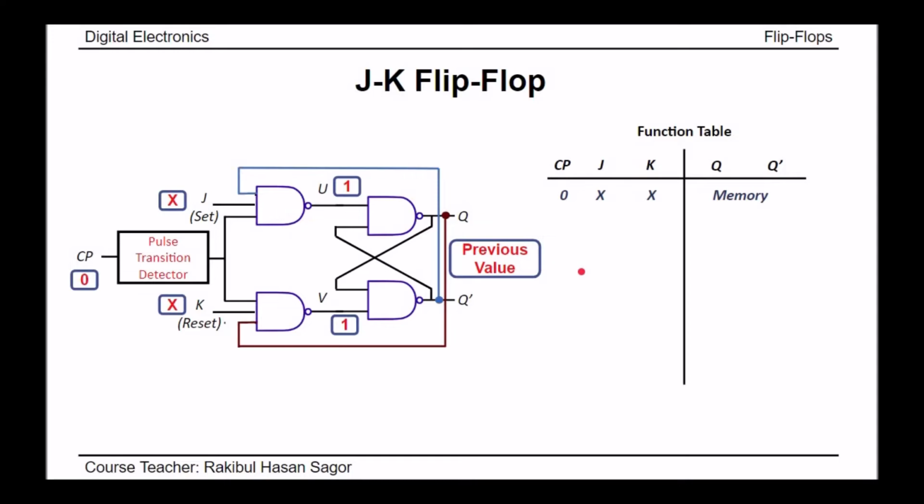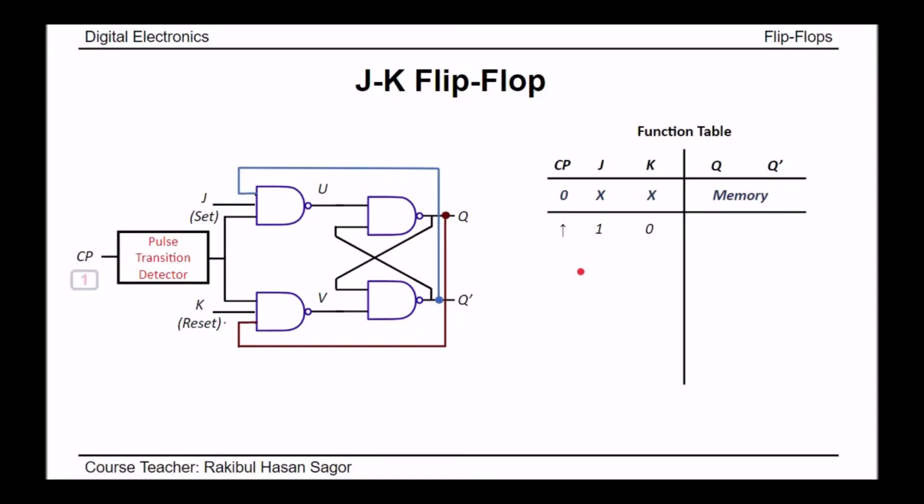Now let's consider the clock pulse value equal to 1. Clock pulse 1 means when the clock pulse goes from 0 to 1. At that moment this input will be 1 and 1. So the clock pulse input for both these NAND gates is 1.